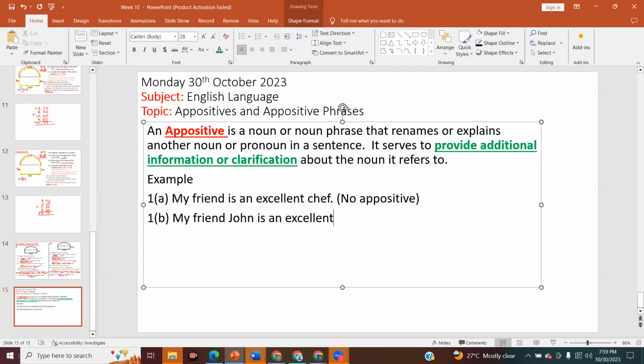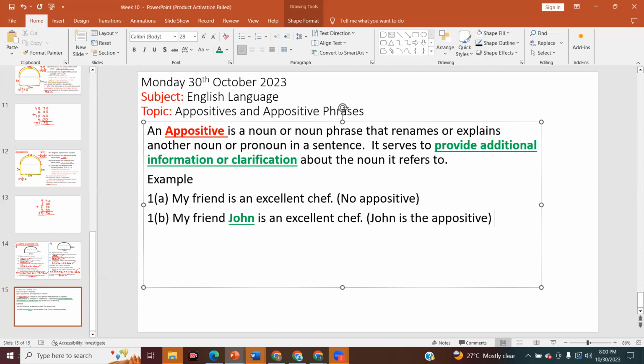So what is the difference between the first sentence and the second sentence? The first sentence did not have an appositive, and the second sentence did by saying the name of my friend. Very good. So John in this case is the what? The appositive. Very good. John is the appositive that provides more information about what? My friend.